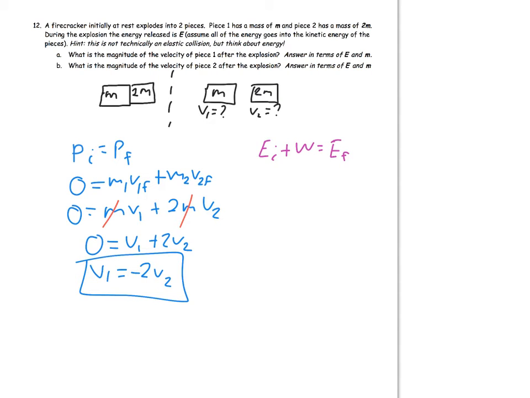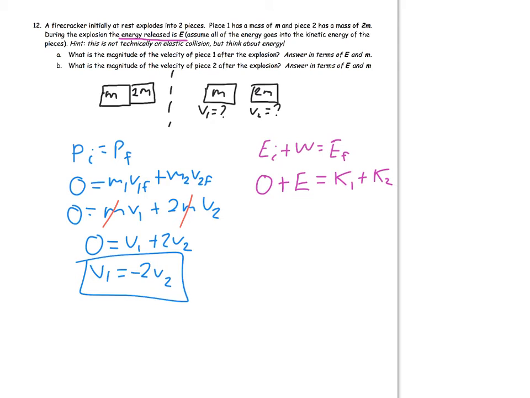The other thing I want to think about here is my energy. This obviously is not an elastic situation because we go from not moving to having energy. So we clearly gain energy here. But I do know how much energy is gained, and it's this amount here, E. So that's going to end up being my work being done. So my initial energy is 0 plus some amount of work being done, which we're calling E. And that's going to be equal to the kinetic energy of object 1 plus the kinetic energy of object 2 after the explosion.